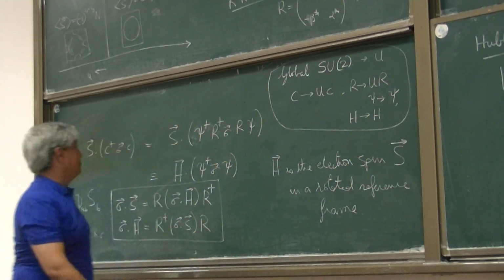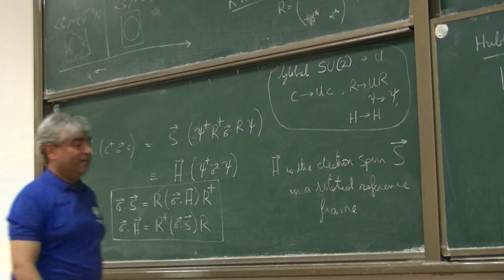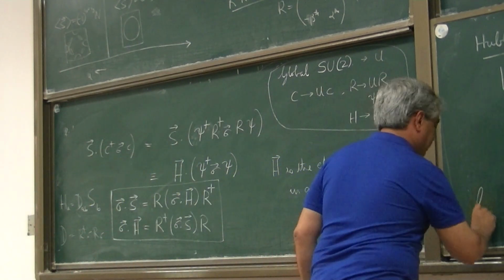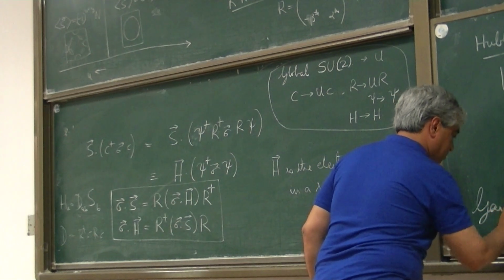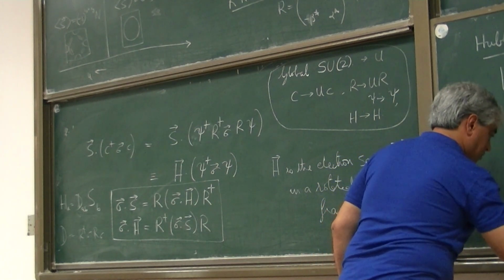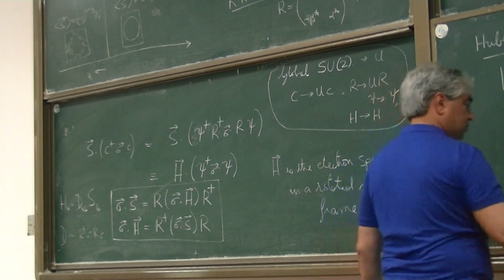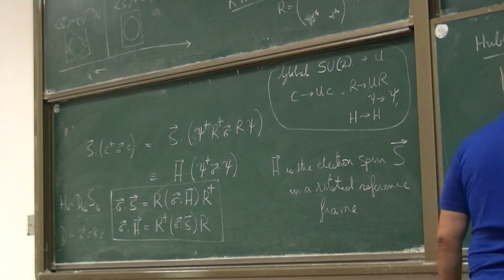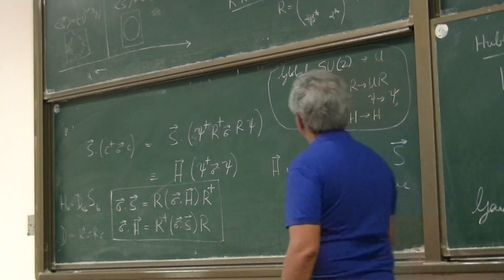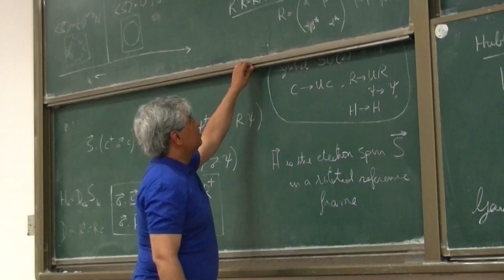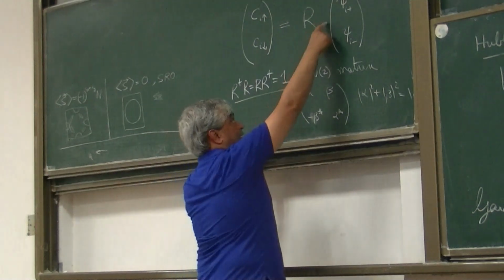But there's another transformation. Let me just write it down here, which is gauge SU2. And let's say this is some matrix V. So under this matrix V, what happens? So what is this gauge SU2? Well, the gauge SU2 is something that acts in between here.